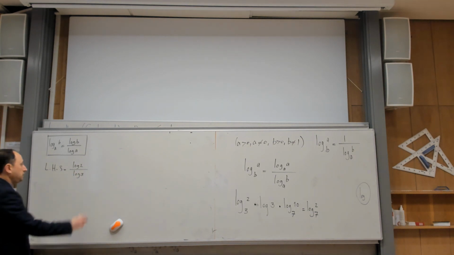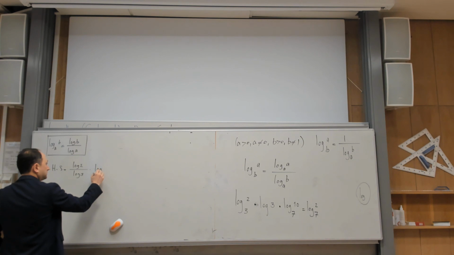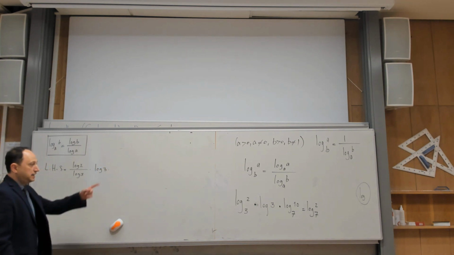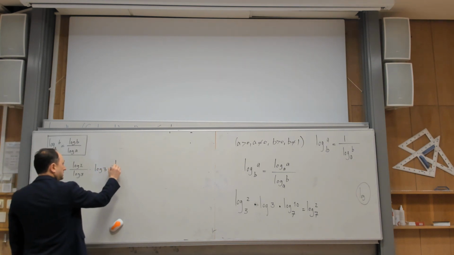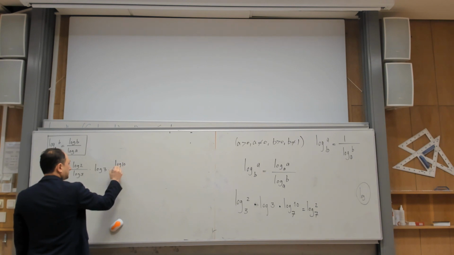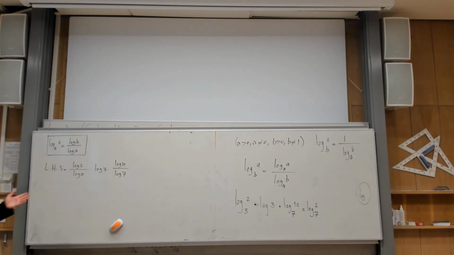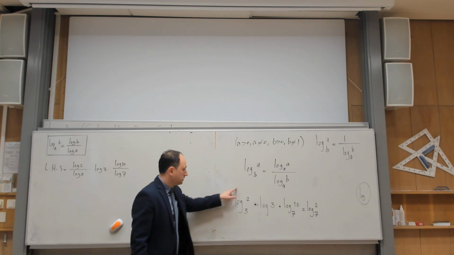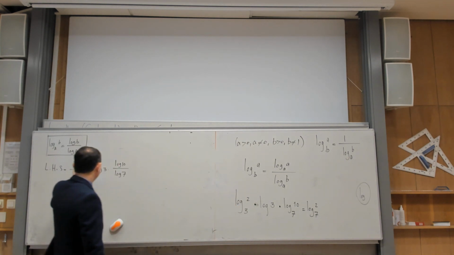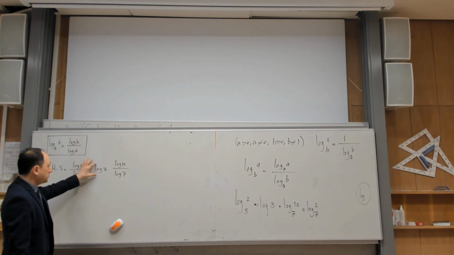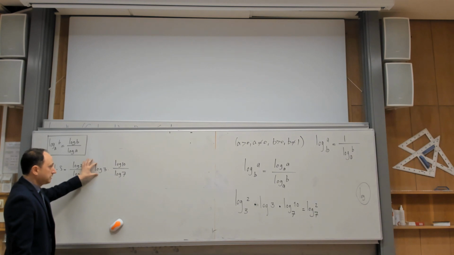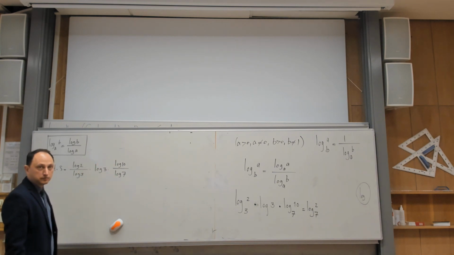Log of 3, I keep as it is. And log of 10 in base 7, I can write as log of 10 over log of 7. Is that understandable? Instead of this, I have written this. The middle term I have kept as it is, and the last term I have written in that way.